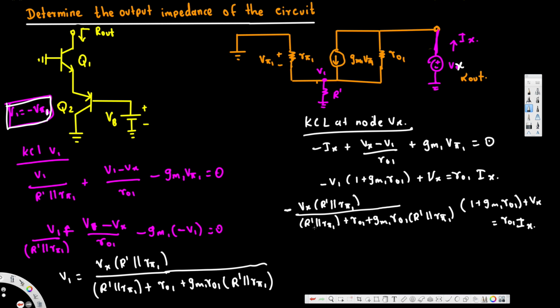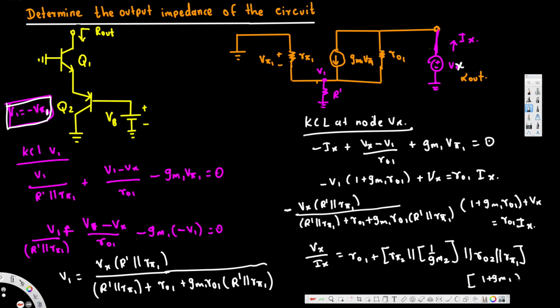If we do that, finally we will end up with Vx over Ix equal to RO1 plus Rπ2 parallel 1 over gm2 parallel RO2 parallel Rπ1, and that multiplied with 1 plus gm1 RO1, and that's the final solution.